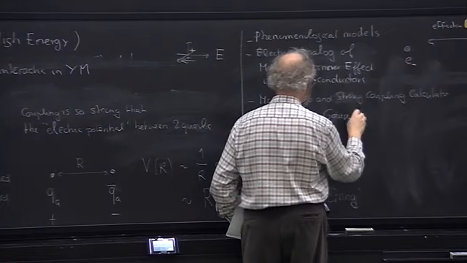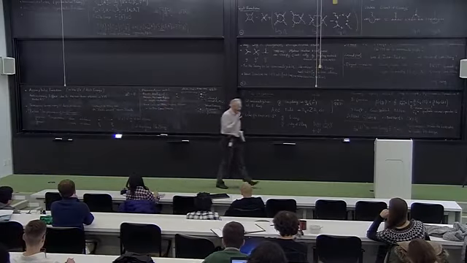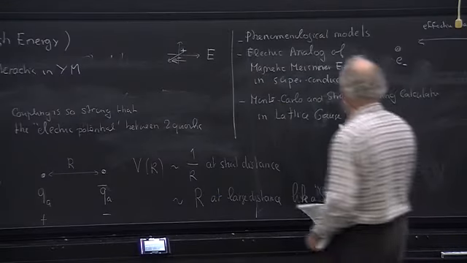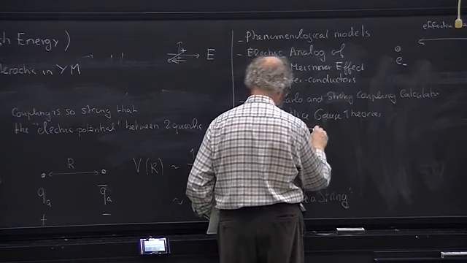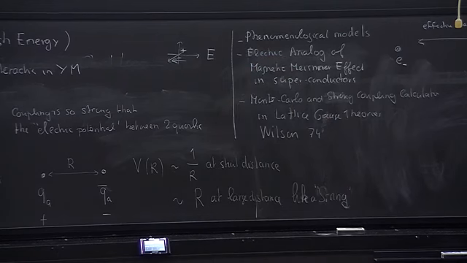I have no time to explain how you can discretize the gauge theories on a lattice, but this is a well-known subject. In fact, this method has been devised by Ken Wilson around 74. The same Ken Wilson of the renormalization group.